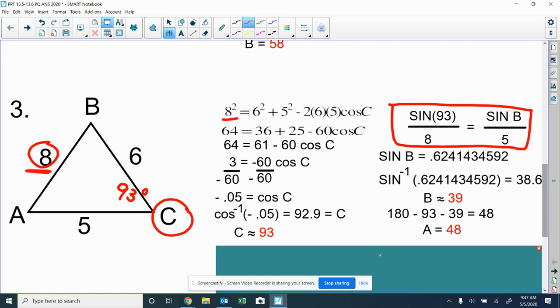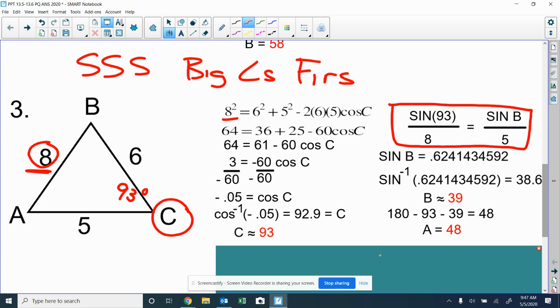So when we have side, side, side, always look for the largest angle. Go big. Need that big angle first.